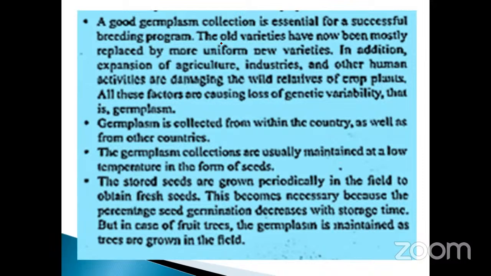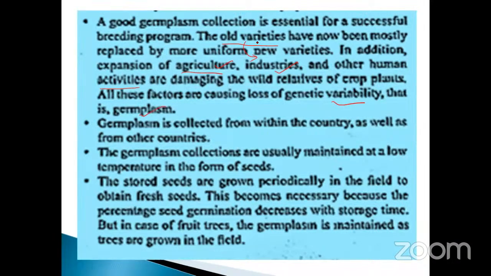That's why I told you the old variety is replaced by the new variety due to the uniform new variety. In addition, expansion of agriculture, industries, and other human activities are damaging the wild relatives of the crop plants. All these factors are causing loss of genetic variability and this germplasm.